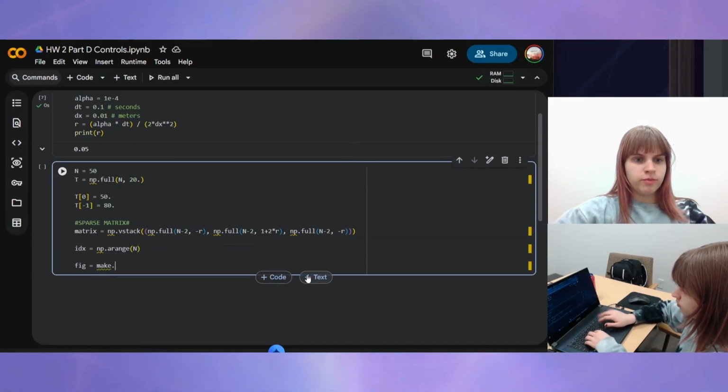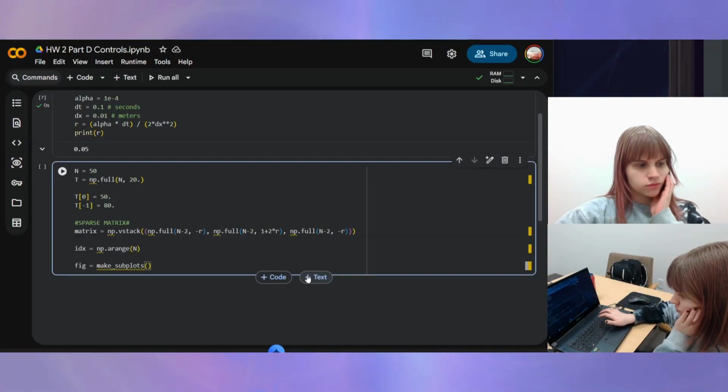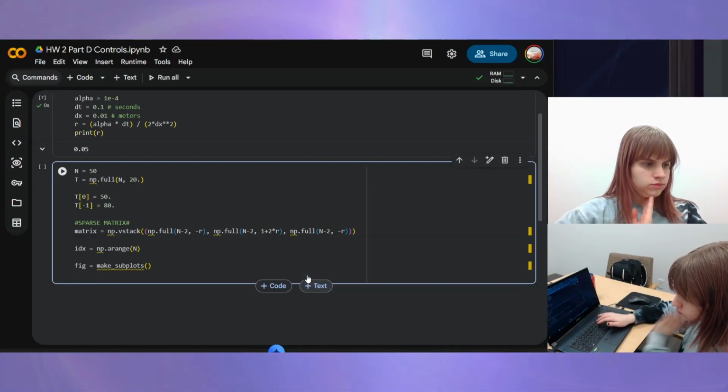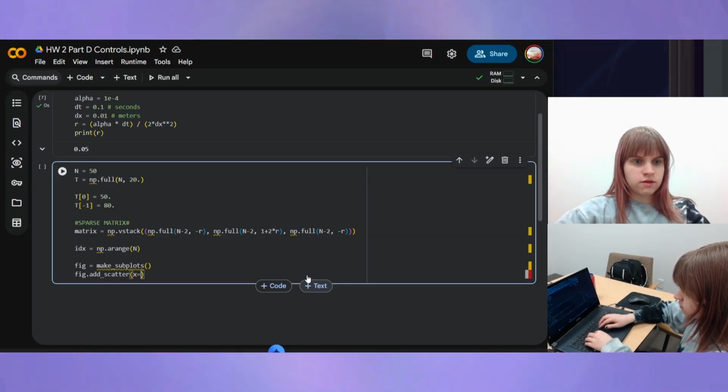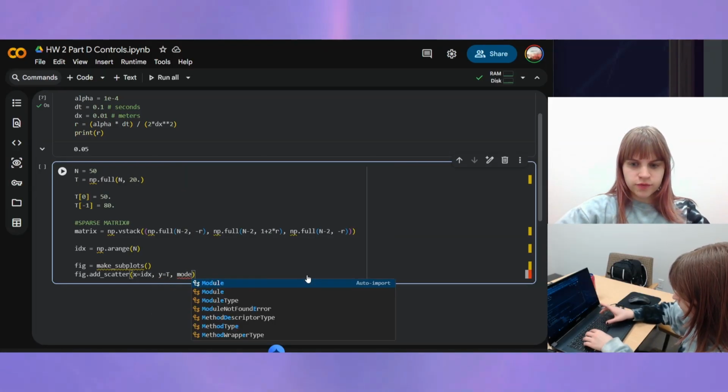Our usual make subplots. We're going to add a scatter. X is that IDX that I defined above. Y is the temperature.